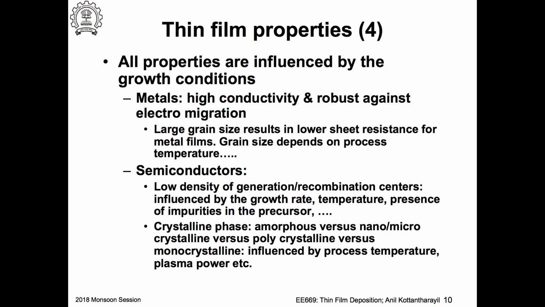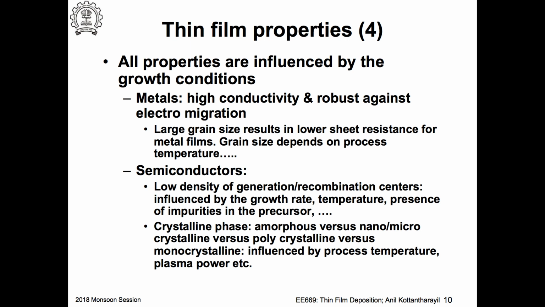But the deposition conditions would decide a lot of the values of these properties. I mentioned already that high conductivity and robustness against electromigration for metals would depend on the grain size. So deposition conditions can be controlled to get the appropriate grain size. For example, the grain size would depend on the process temperature.